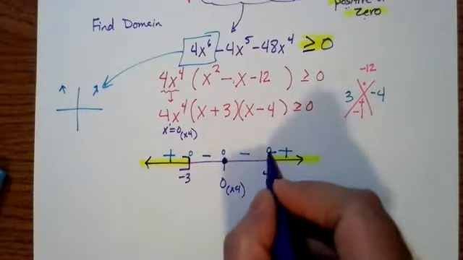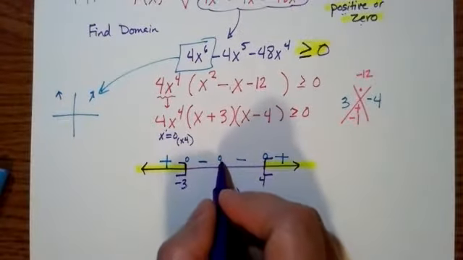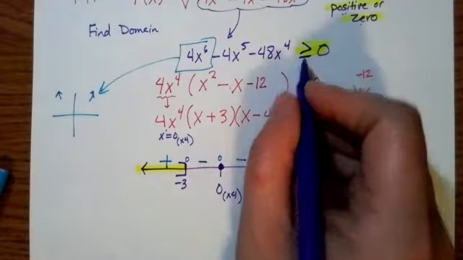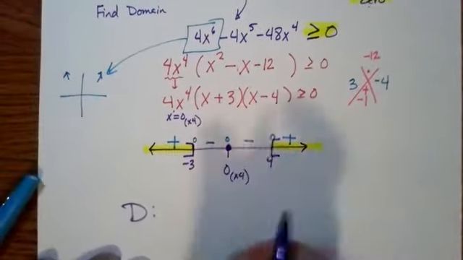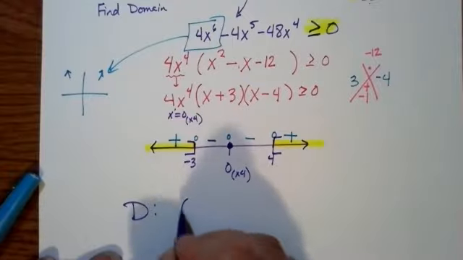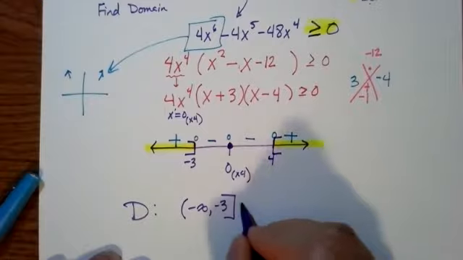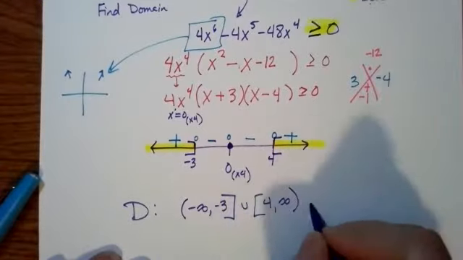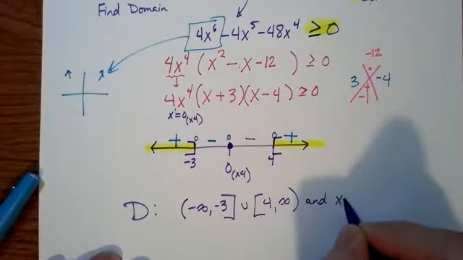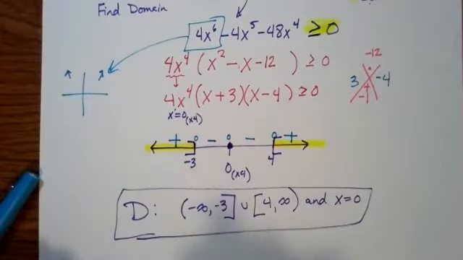And we have a second interval here, and we want the 0. Because remember, if the polynomial generates 0, we are allowing it to equal 0, we want to keep it as an answer. So the domain of this function is everything we just shaded in there. -infinity to -3 inclusive with the hard bracket. The other interval from 4 to infinity, and just the single value where x equals 0. That's our full domain.